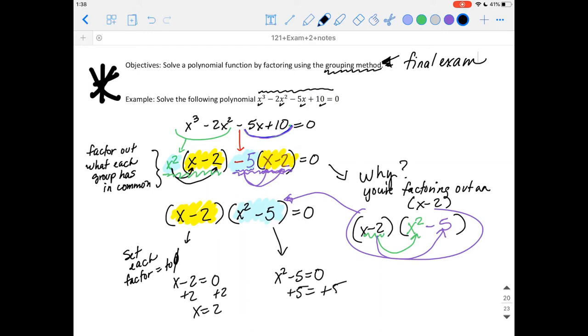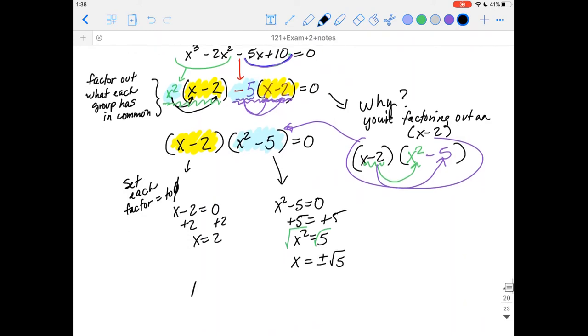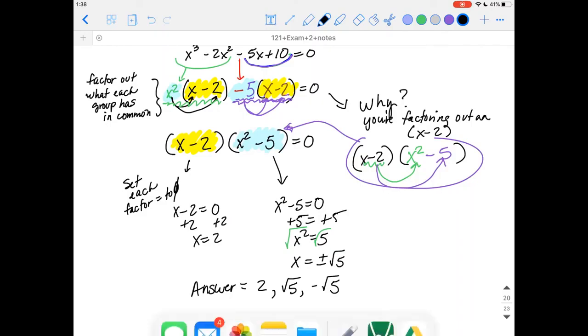And then if I add 5 to both sides here, I get x squared is equal to 5. And so here, to get rid of the squared, we can't forget, we take the square root. And this is going to be x is equal to positive and negative square root of 5. So what are my answers? 2, and then technically positive square root of 5 and negative square root of 5.